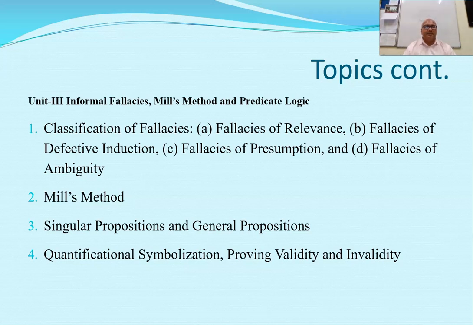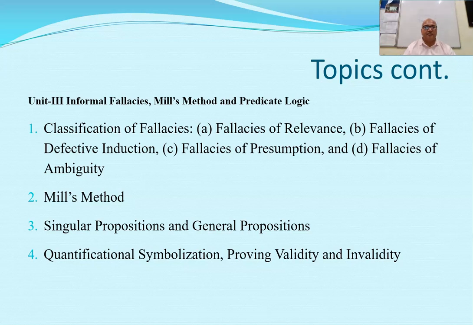Then from here on we will move on to understand the inside of the proposition, the inside of our statements, and how the interrelationship between their internal elements enables us to decide whether the argument is valid or invalid.